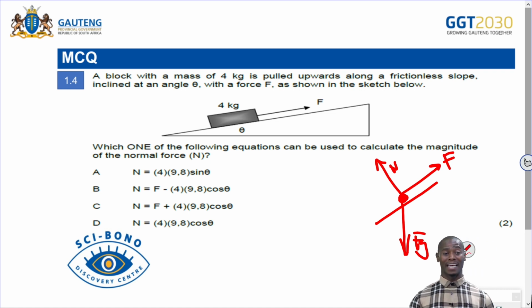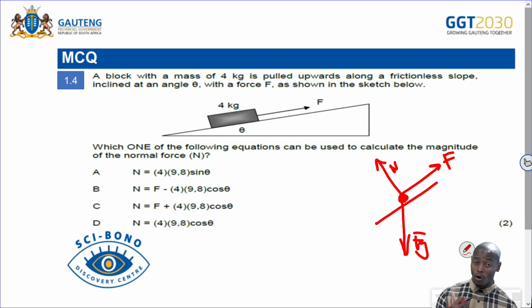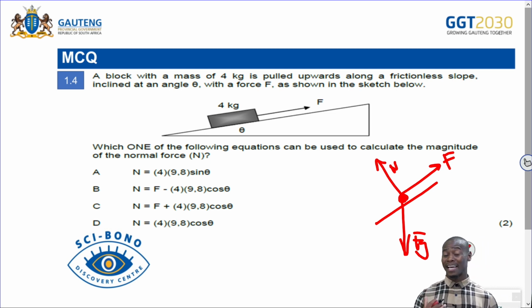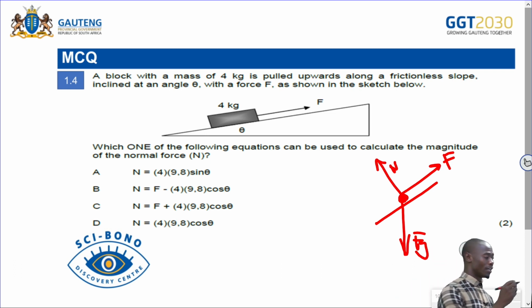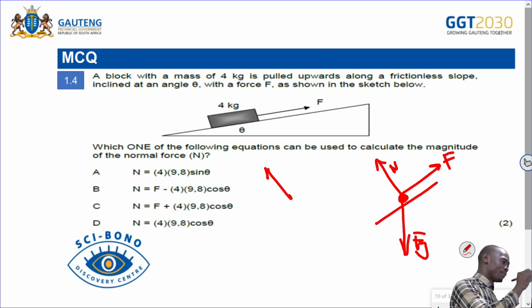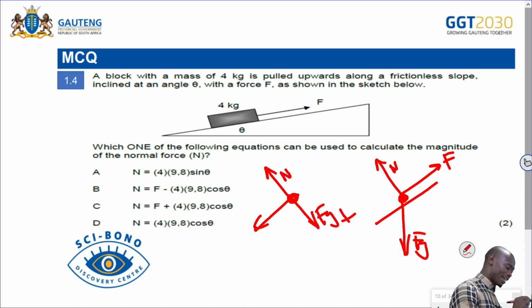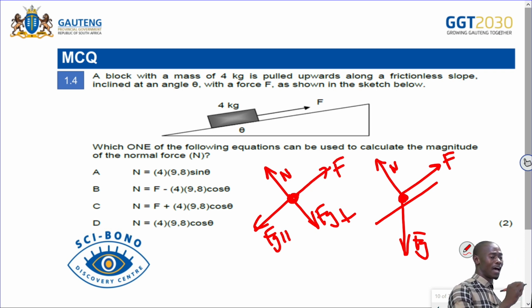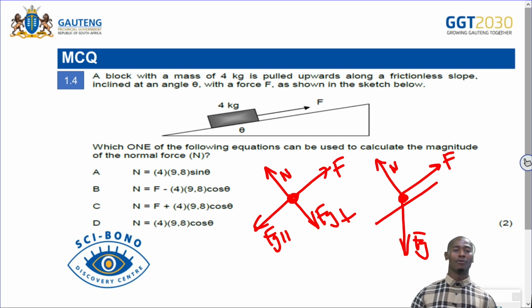It is acting at an angle, so we resolve that force into its components. So I will have the normal force, which goes together with the Fg perpendicular. Then this side it will be Fg parallel. And then there will be the force applied.